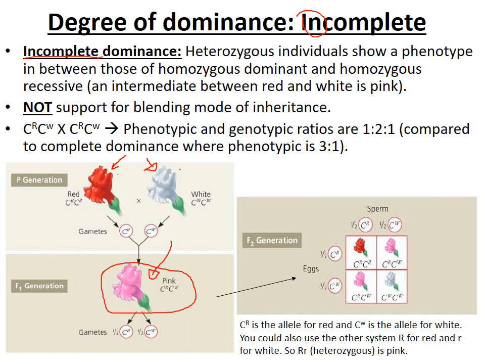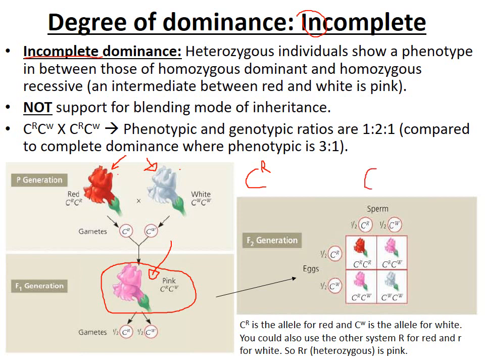Now when we talk about incomplete dominance, we sometimes use a different notation. For example, here I'm talking about flower color, so I'll use as my base letter C. And one of the alleles is red, like this.